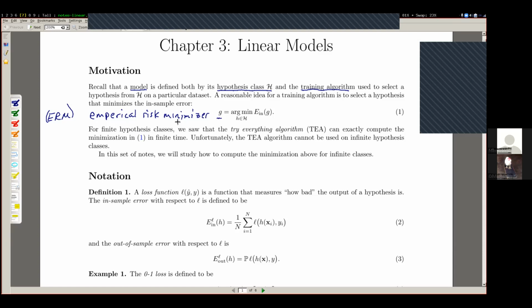The reason that this is called the empirical risk minimizer is because this E_N variable, again, is sometimes called the empirical risk. The risk being a synonym for the error, and empirical being a synonym for the in sample.